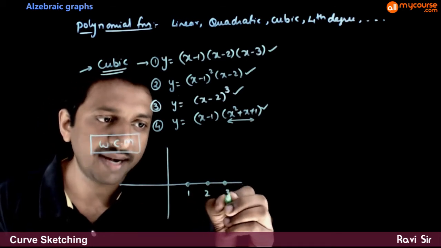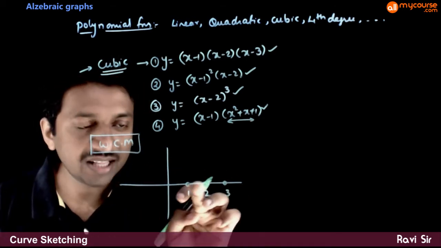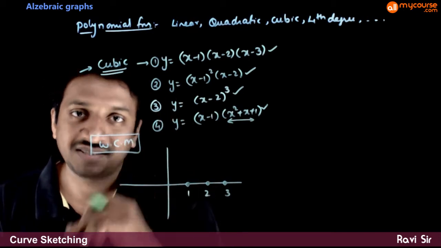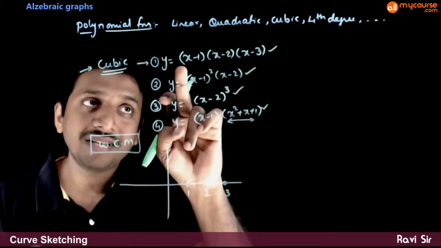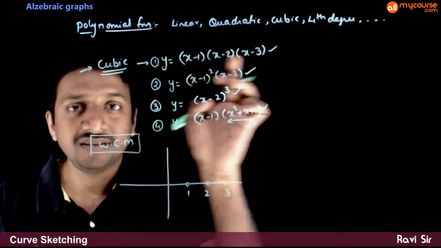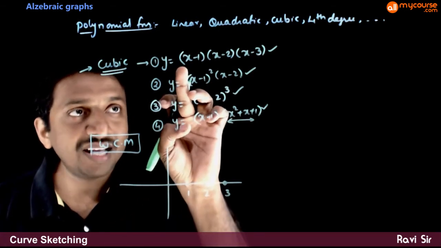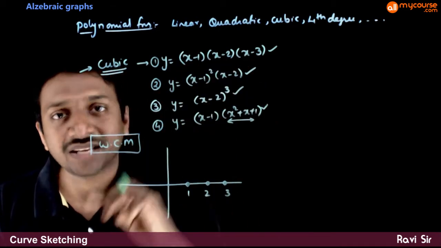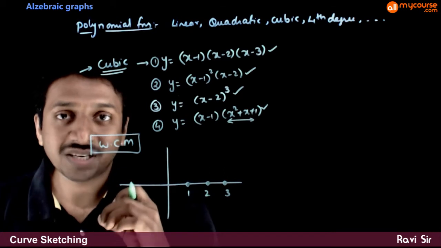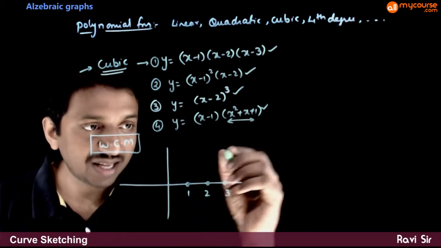So these are the points where the curve meets the x-axis. Next, what is the leading coefficient? If you multiply these three, you can very clearly see that the leading coefficient is plus x cube, positive, plus 1. Hence the graph starts from here.